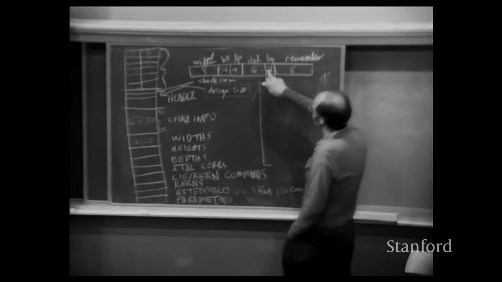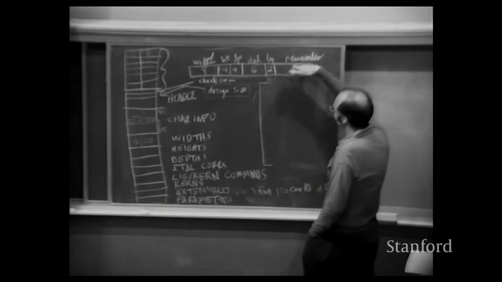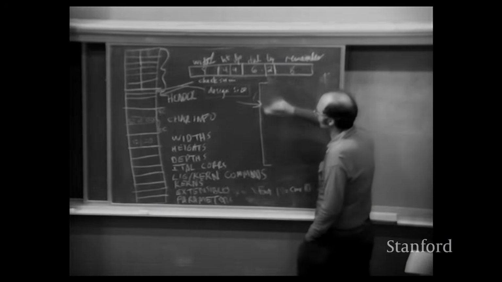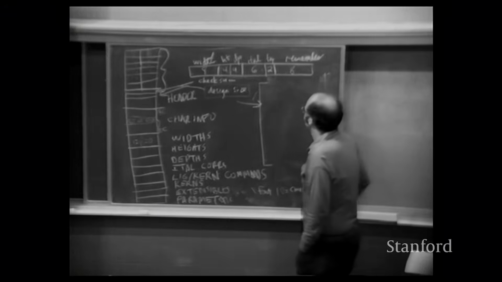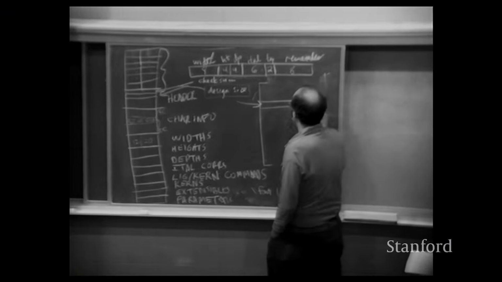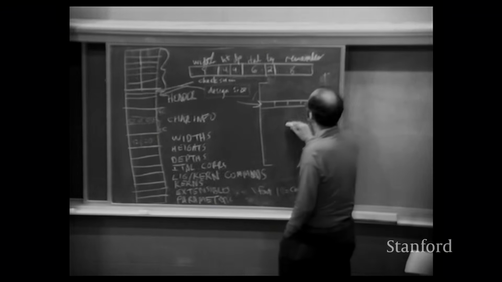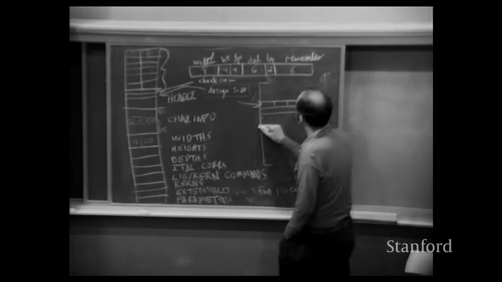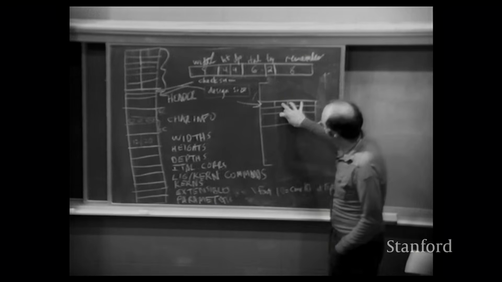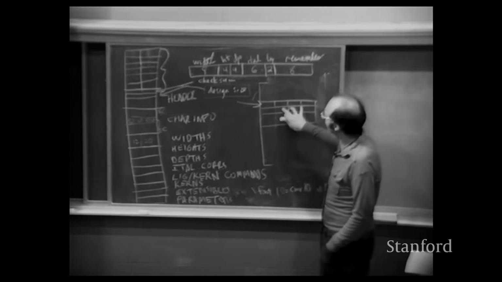If the tag bit was 1, that would say the remainder is an index into this table as to where we start. And there are 4-byte commands in the table, and you execute this command, and if it didn't find something, then you go on to the next one.